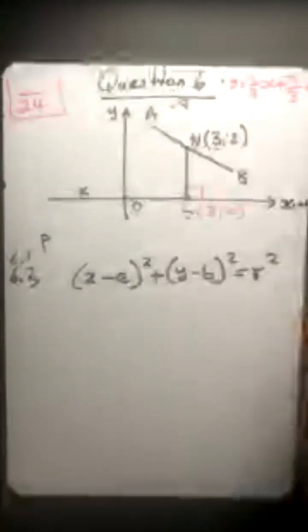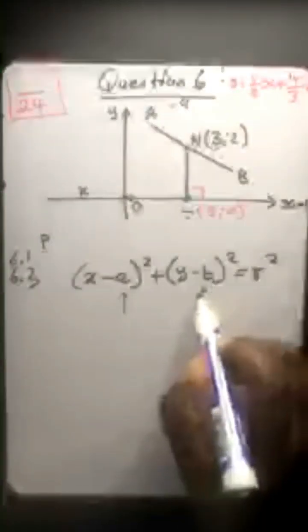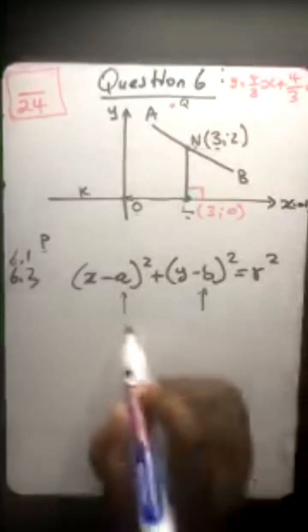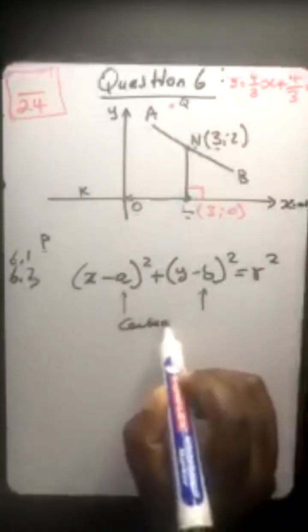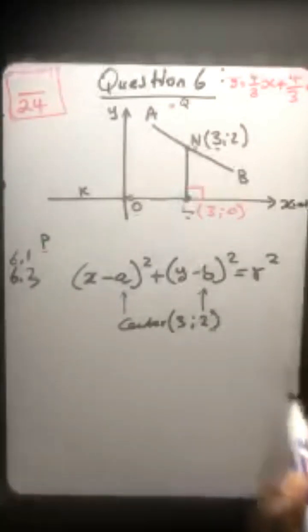So this is what you need to know, guys. You need to know very well that your A and B are your center values, your center coordinates. So the center gives you the A and the B value.